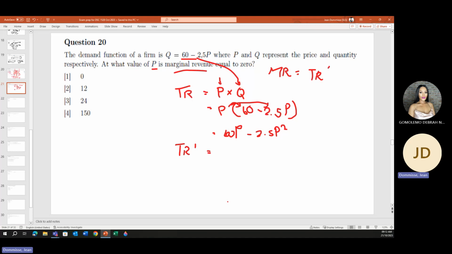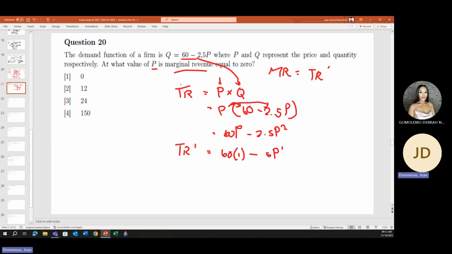So then we sit with, remember it's 60, P will be 1 minus 1, so P to the power of 0 is 1. So we basically sit with 60 times 1. And on this side, the 2 goes in front. 2 times 2.5 is 5P. And then we sit with P to the power of 2 minus 1, which is P to the power of 1.